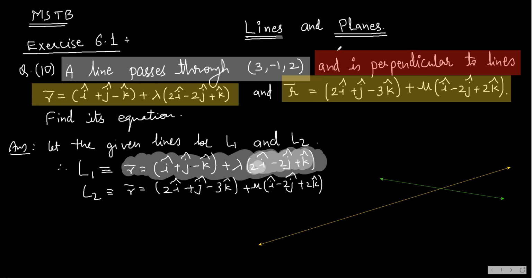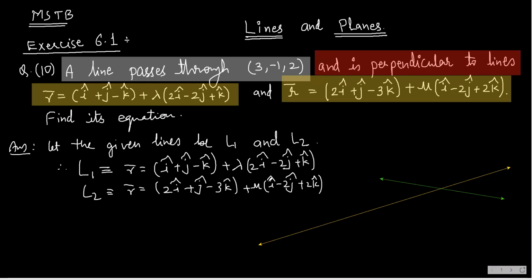So 2, -2, 1 gives us the direction of the line. And here i cap minus 2 j cap plus 2 k cap, this 1, -2, 2 also gives the direction of the line. This is line L1 and this is line L2.